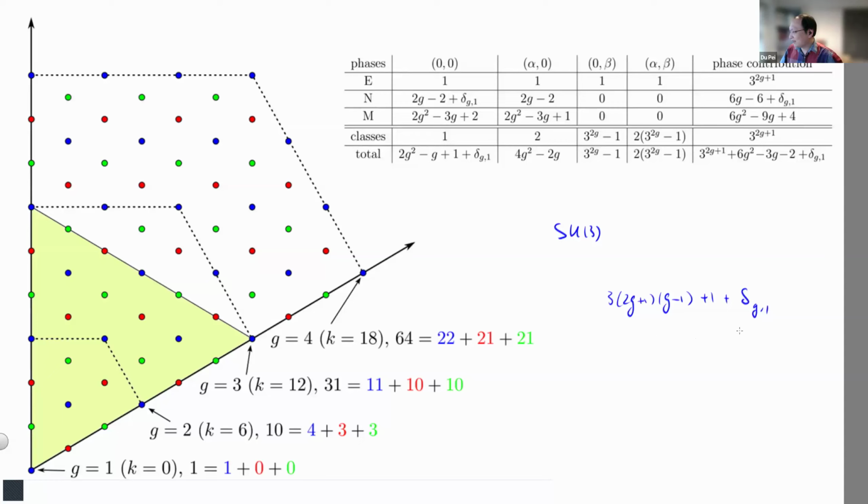If one does this, one gets this expression. And that, together with the other part from Z3 gauge theory, so 3 to the 2g plus 1, that's the prediction for the dimension of the skein module for SU3 on sigma times S1.